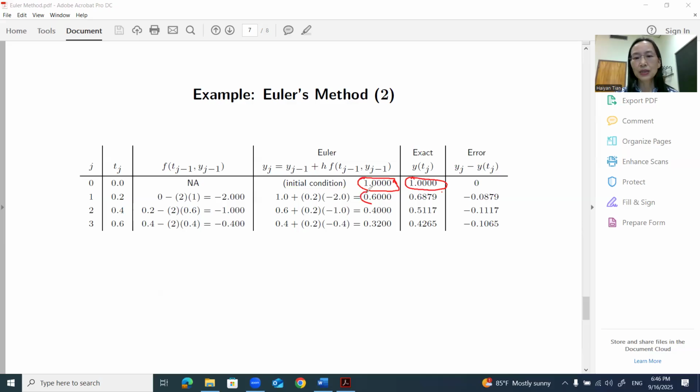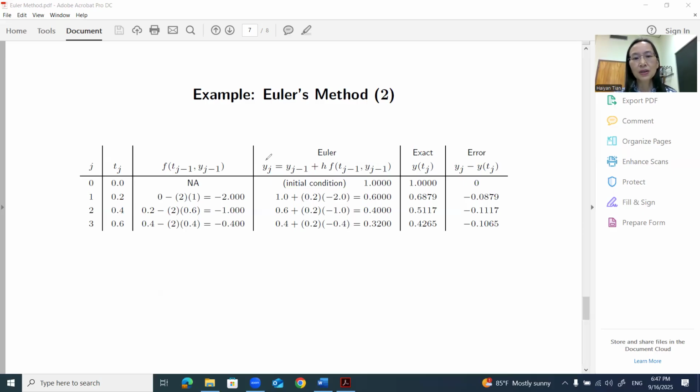And the second point differs from the exact value of the solution, because we can possibly find the exact solution for that initial value problem. So we just simply use that exact solution curve, and we can evaluate that curve at T1, T2. Then we can compare the approximate solution with the exact solution. Then we can see the error.